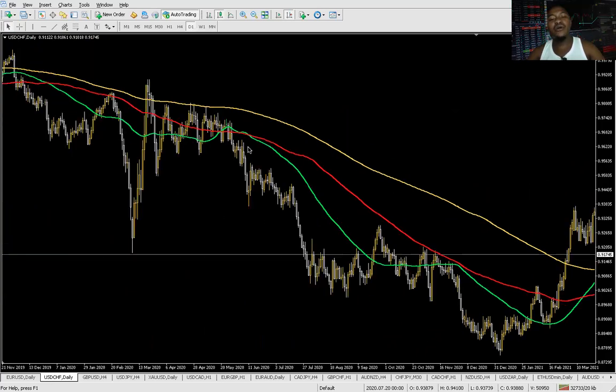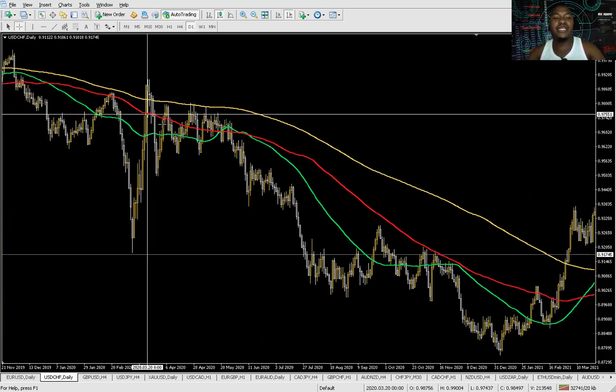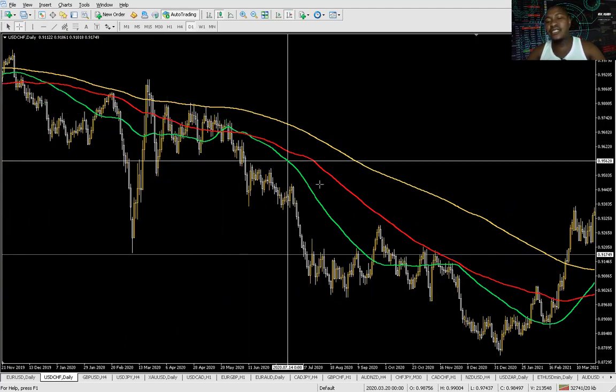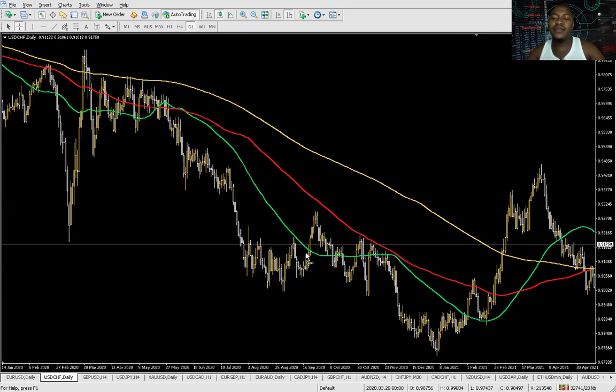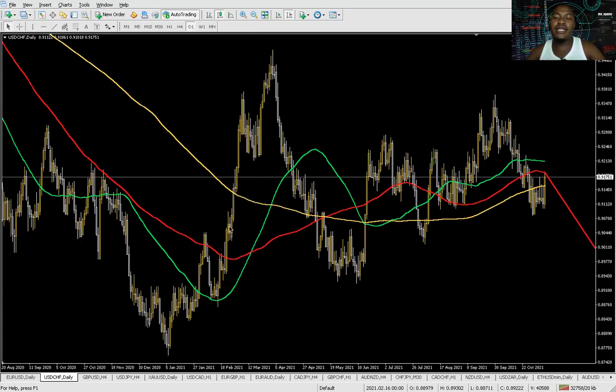So here the market was below these moving averages, use them as resistance, start selling, sell. Well, here this was a Maraba start trading or whatever situation here.